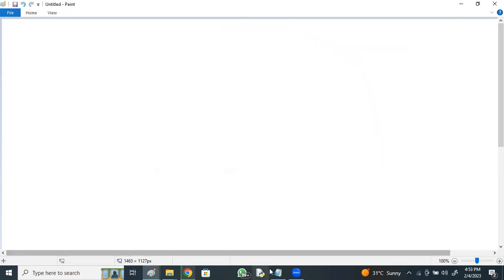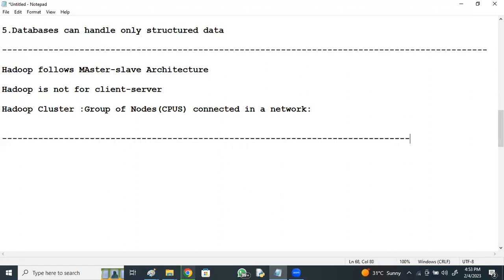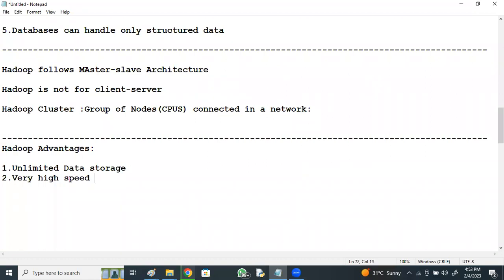Now coming to Hadoop advantages. First, unlimited data storage. Very high speed processing.